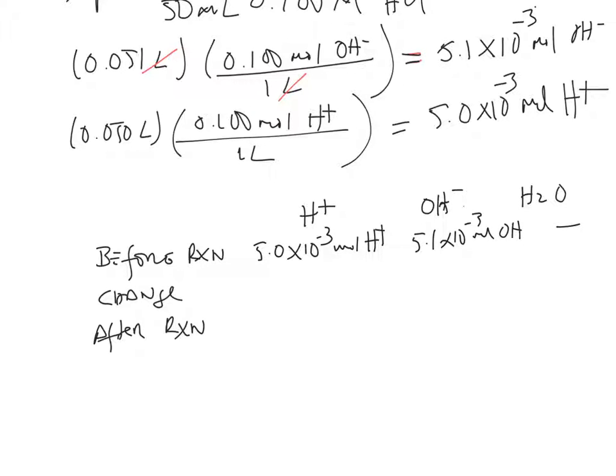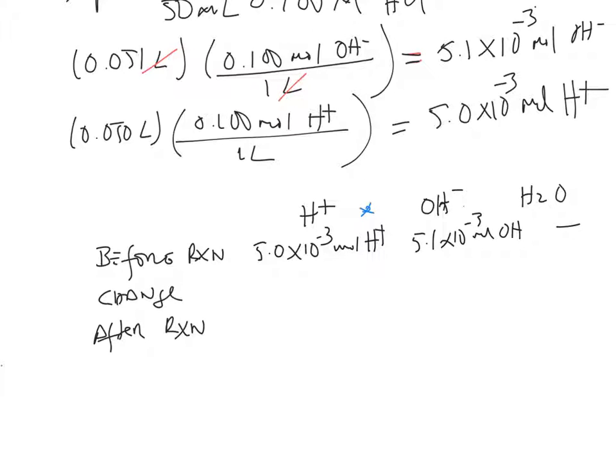Now, which of these is the limiting reactant? Which one has the least number of moles? The limiting reactant is H positive. So we're going to consume all of the moles of H positive. All the moles of the sample have been consumed.